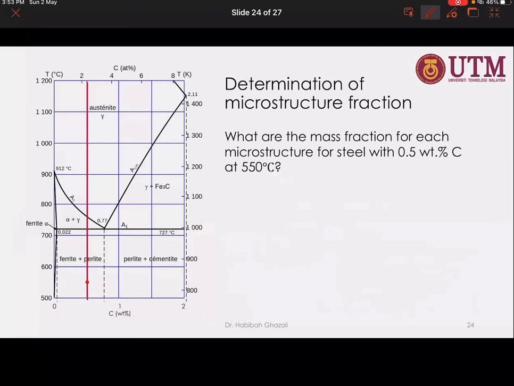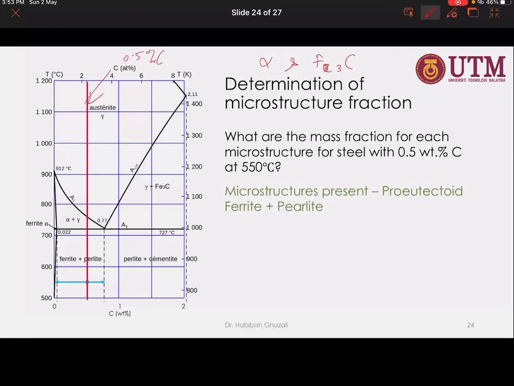Okay, another example. Just now we talked about ferrite and cementite. For the same alloy, which is 0.5% carbon, we can also determine the fraction of proeutectoid ferrite and pearlite.